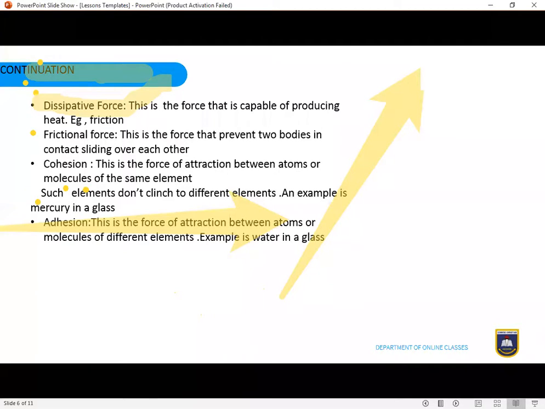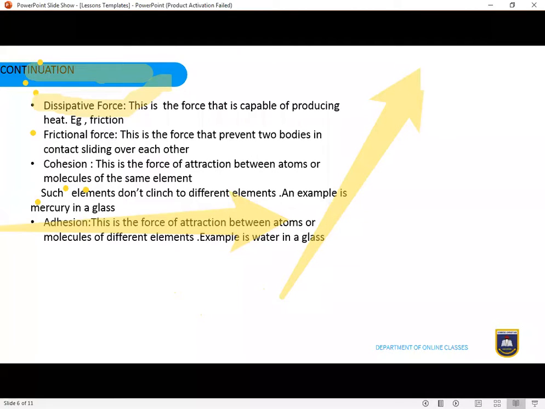Okay, a minute. So let's say this is my glass. If you pour mercury into this glass, mercury does not react with the walls of this glass. Mercury can only react with its components called mercury or another element of the same kind. But the walls of this glass do not have the same element as that of the mercury.